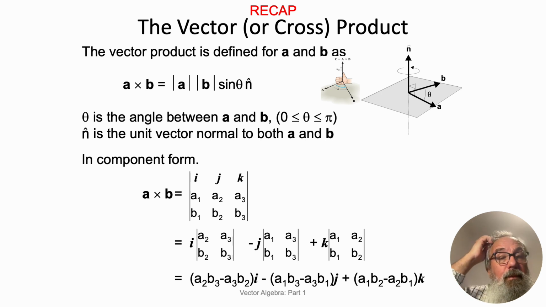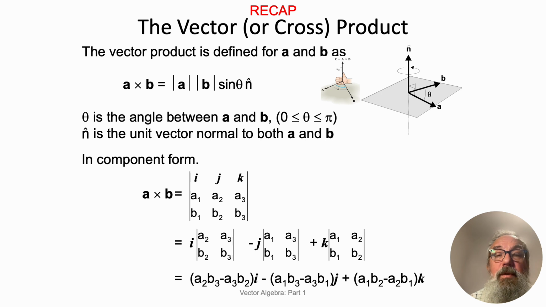We can write the vector product or the cross product in component form, and we'll often expand it using this determinant form. We have i, j, k as the unit vectors, the three components of the two vectors A and B, and we write it as a determinant. If you've done a determinant calculation before, when you did matrix algebra, this is very straightforward and familiar.